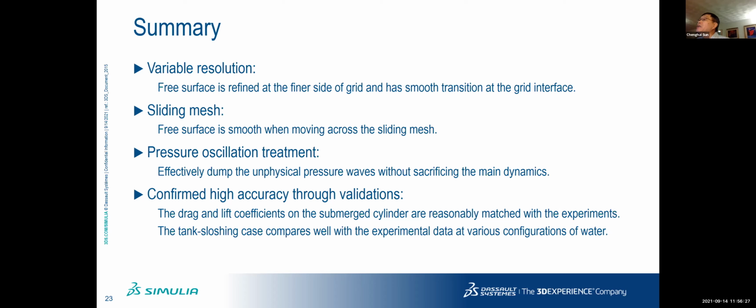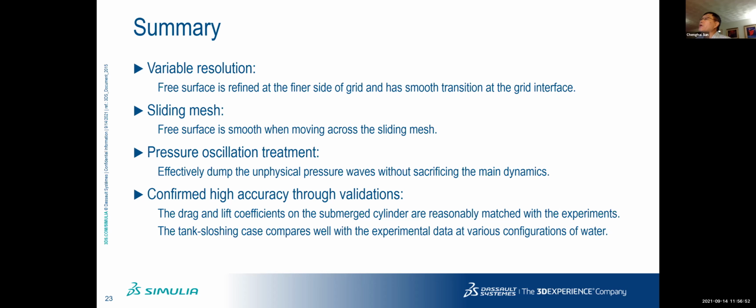Currently we have a density ratio of 1000, and it's reasonably stable. For the Reynolds number, we have a few thousand, depending on the cases.